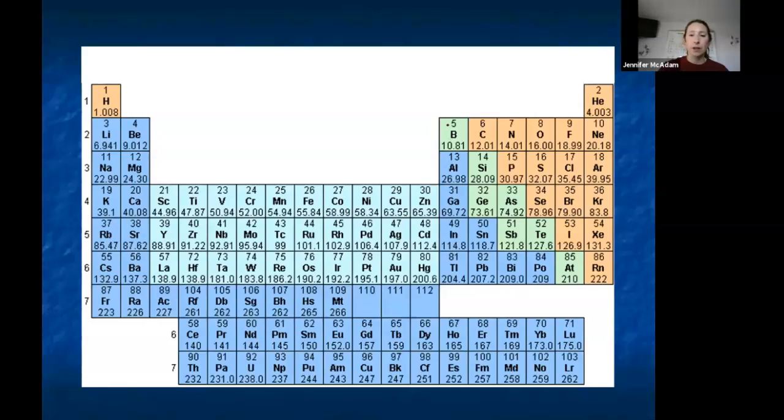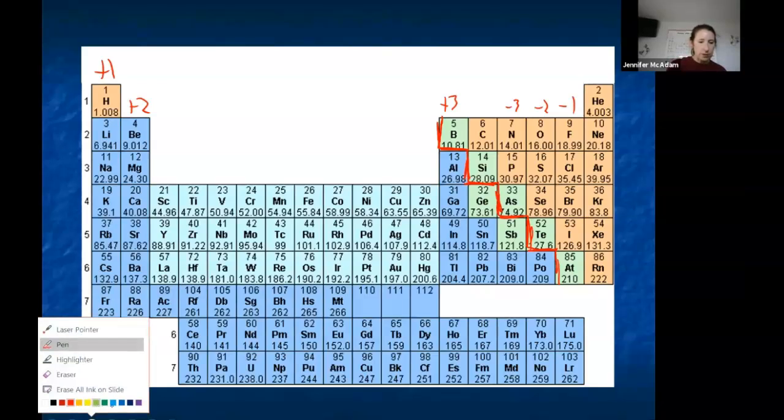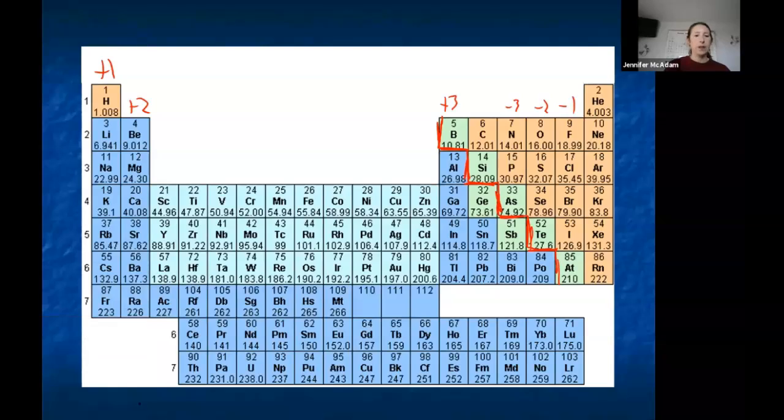Okay, so here's our stairs. And again, if you have a printed periodic table, you are welcome to write these on it. Just making our stairs. That's our stairs. We know that this is always +1. This is always +2, +3, -1, -2, -3. Now, if it's under the stairs, which I'm going to use a different color, let's use purple.